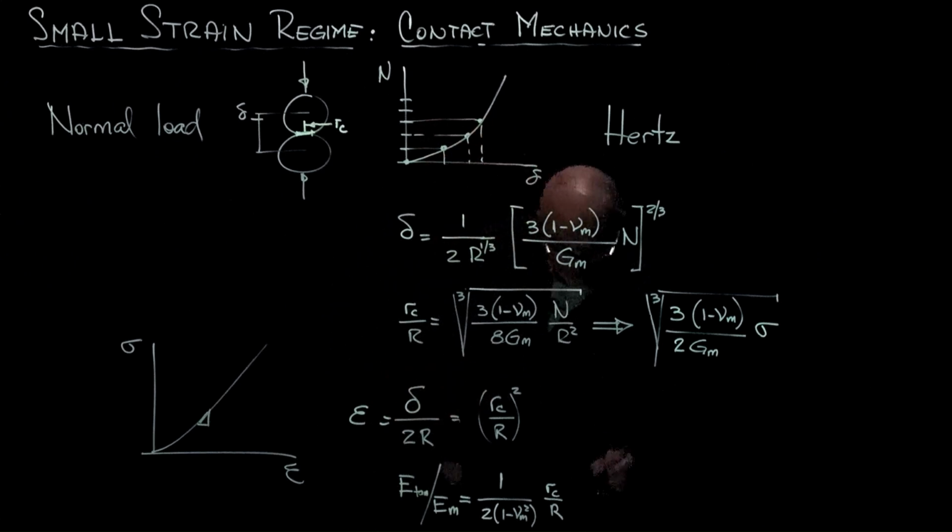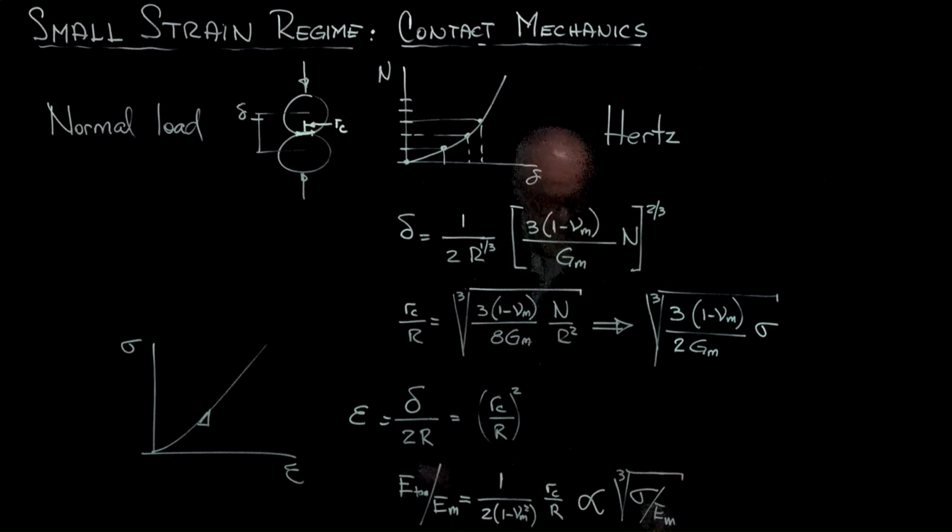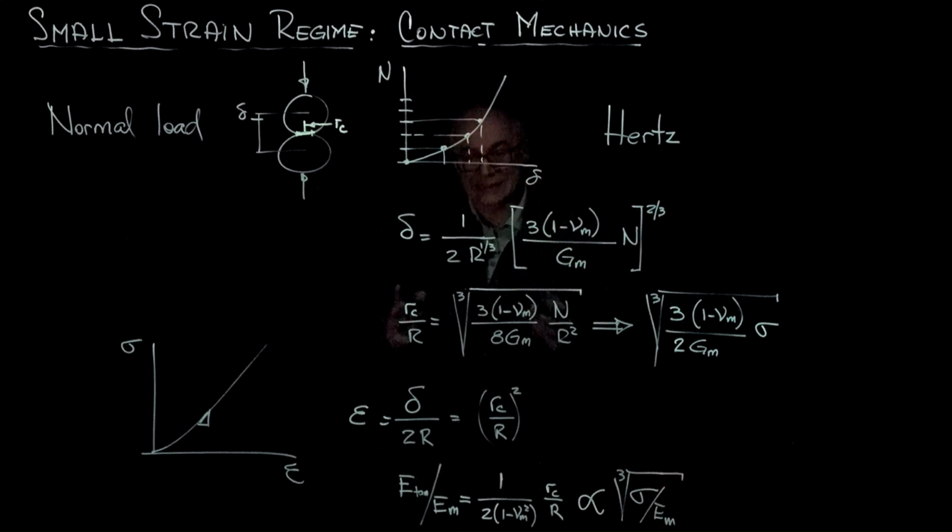So in summary, if I do all these substitutions, the tangential stiffness is proportional to the applied stress to the cubic root. To make this dimensionless, we divide by the modulus of the mineral. And so the stiffness scales with the cubic root of the applied stress in a granular material made of smooth spherical particles.